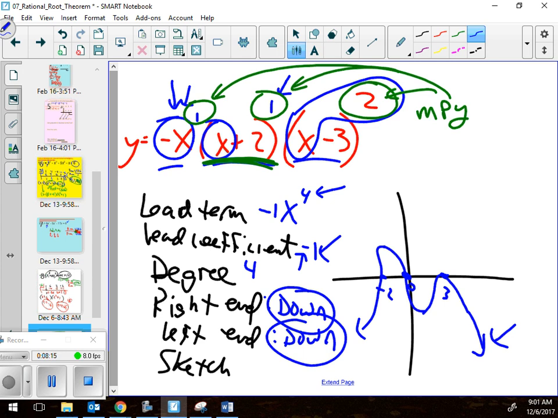Now, one more thing I told you at the very beginning of the unit, you can find the y-intercept pretty easy by setting x equal to 0. So I could put a 0 here, here, and here, and then I could figure out what exact spot this should be. Now, I'm not going to make that big of a deal on that unless it specifically says in the directions, find the y-intercept, in which case, you put a 0 here, here, and here.